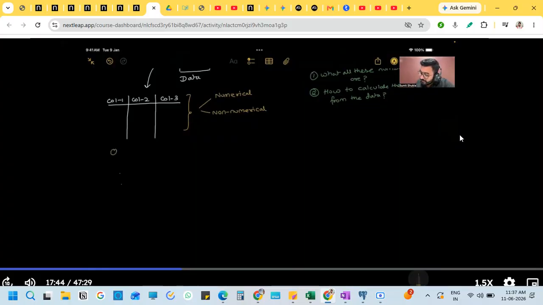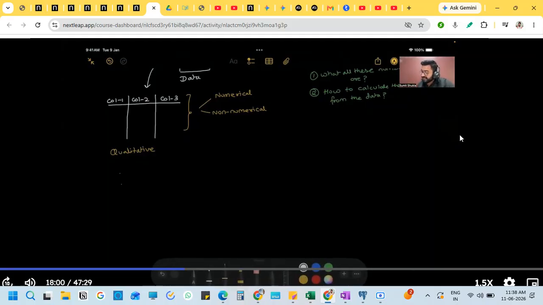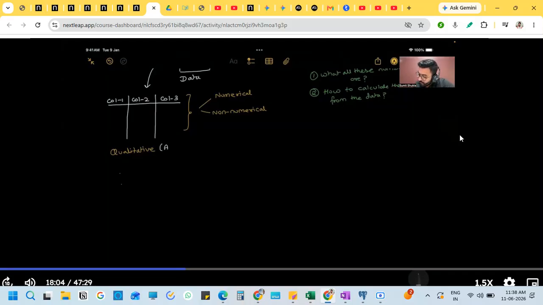When we talk about qualitative, as the name says, if you read the word, quali means quality. So any column that explains the quality of something is qualitative.